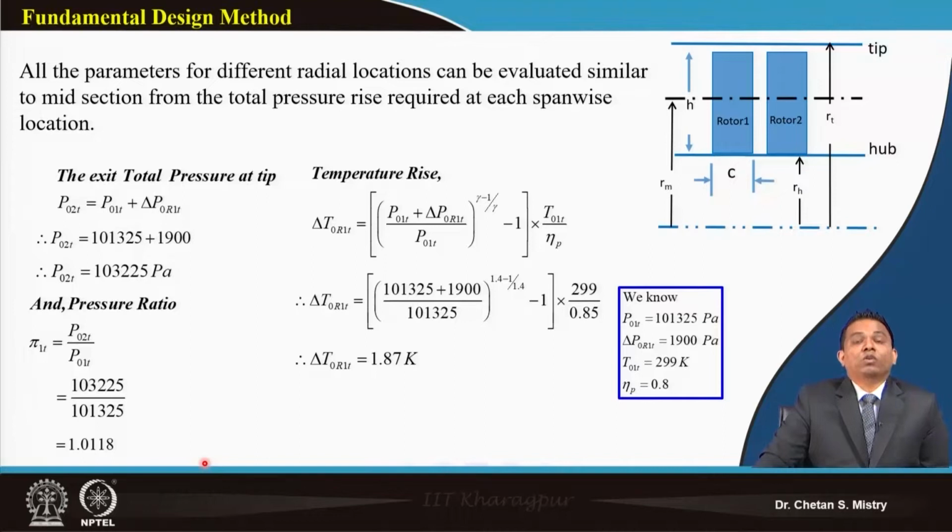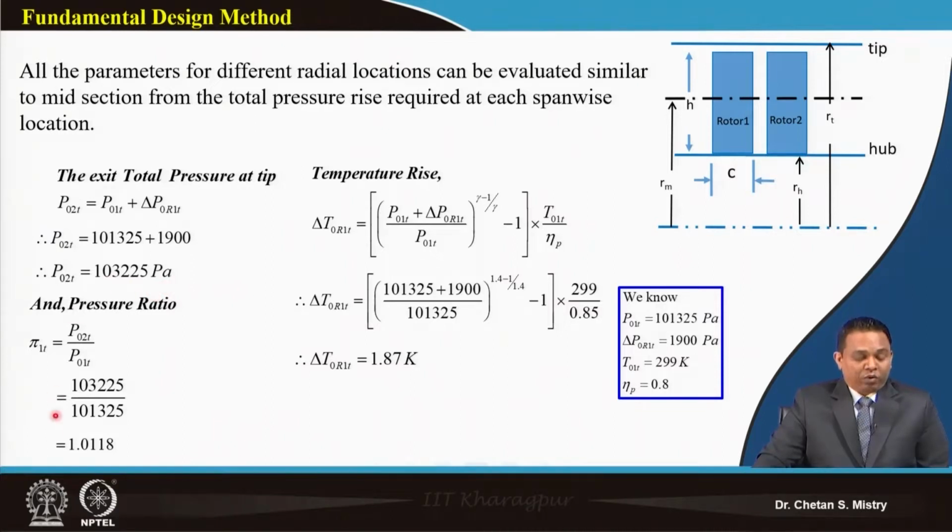Now, in line with what we have done, we will do our calculation based on our fundamental understanding of thermodynamic and aerodynamic work. Here at this station we are expecting our total pressure rise to be 1900 Pascal, and that's the reason we are calculating our pressure at the outlet near the tip, which is coming 1.0322 kilopascal.